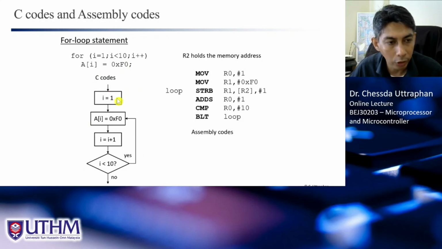So in a flowchart, it will be illustrated by this. We have I equal to 1, AI equal to this, and we increment I, and we check whether I is still less than 10 or not.